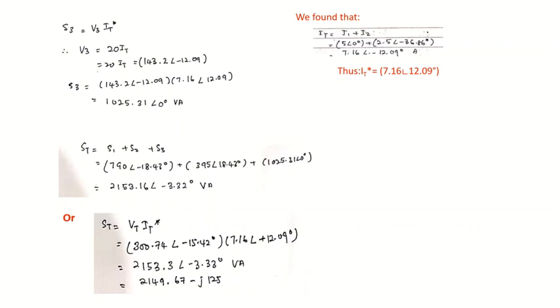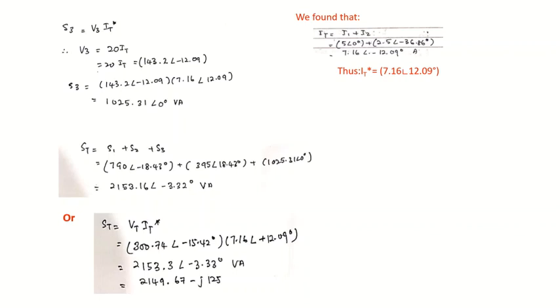The second method is by using VT times your IT conjugate. So we know that your V total is 300.74 with minus 15.42 degree angle times your IT conjugate.